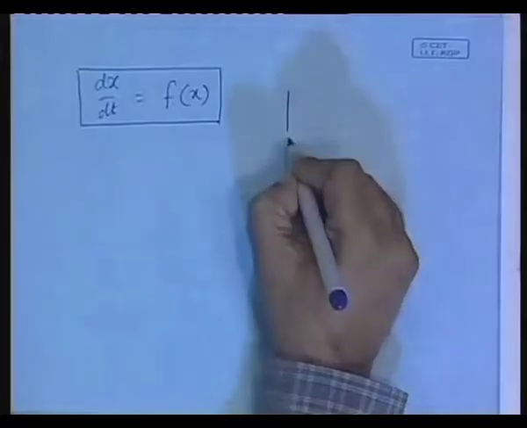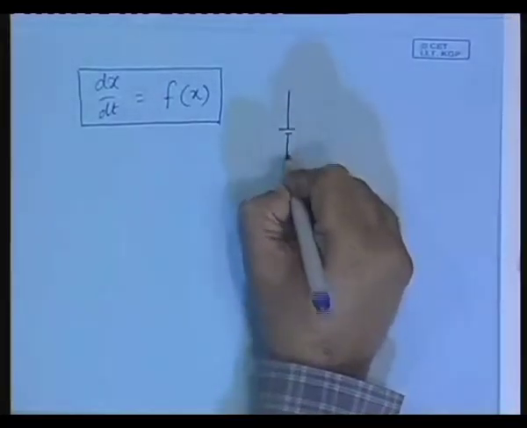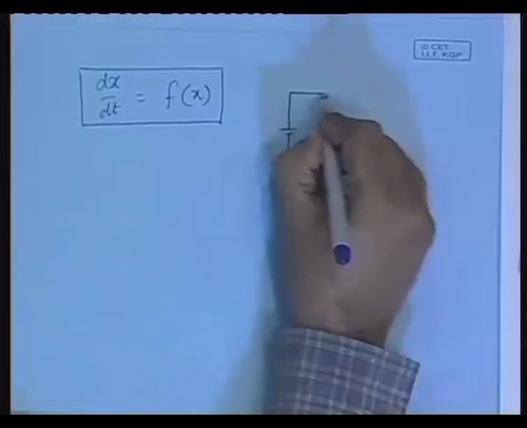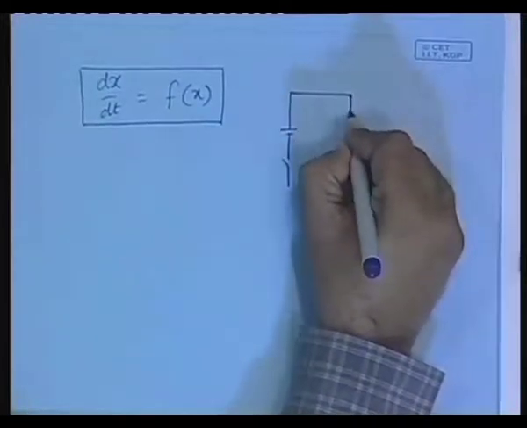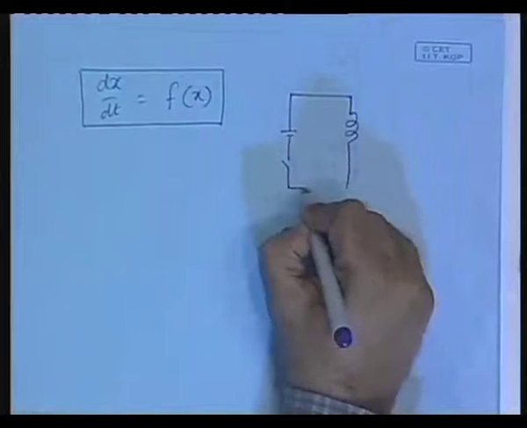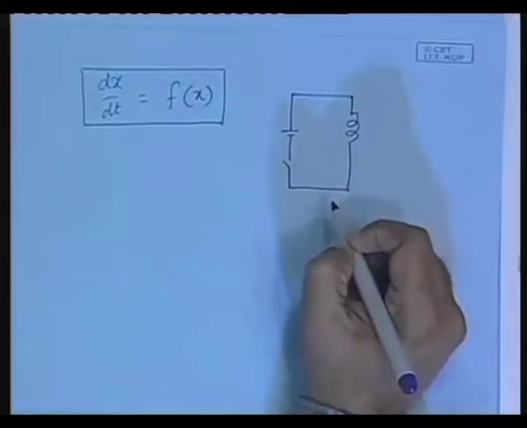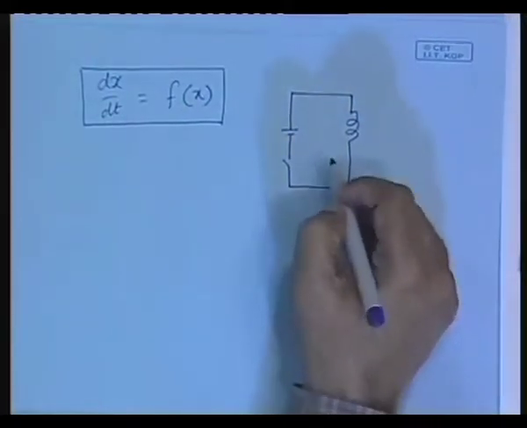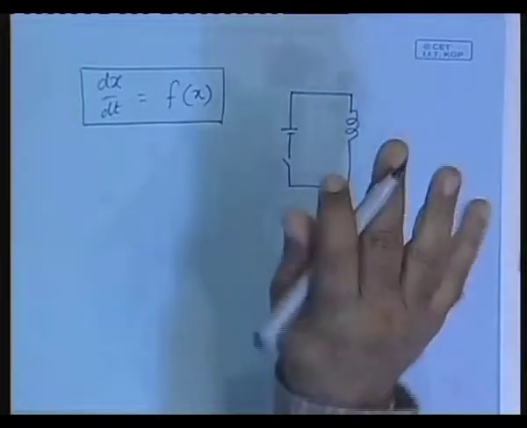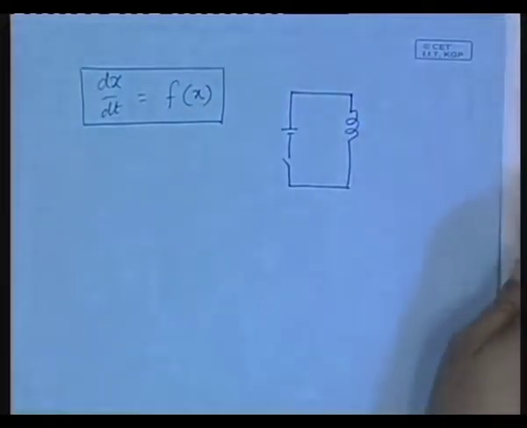there are situations, for example, you have a voltage source, a switch, and then here you have, say, just an inductance. So, this will be a one dimensional dynamical system, but these are very rare.